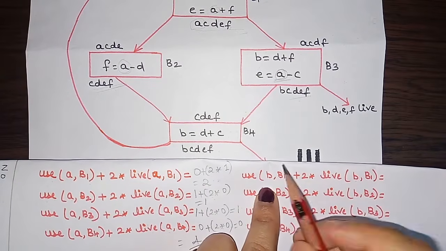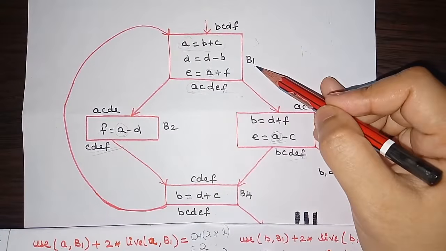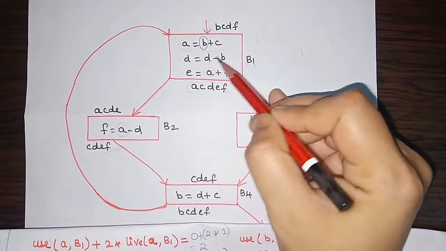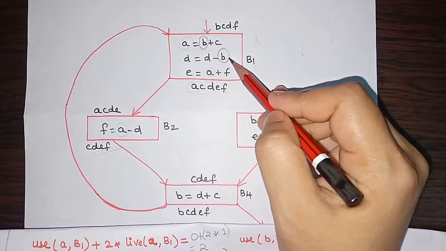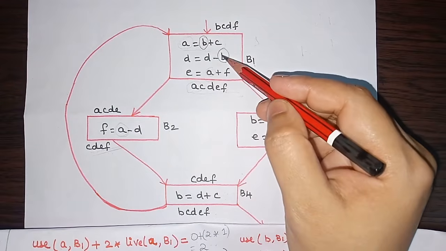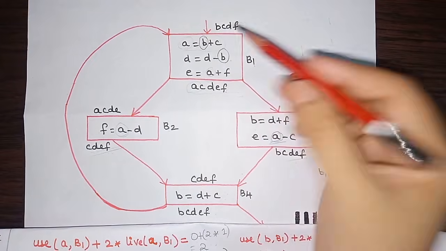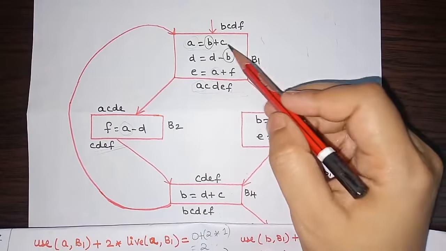First considering block 1, in block 1 we have to check use of b. Here we have used b and here we have used b. After checking this use, the next rule is we need to check whether there are any preceding statements with assignments.